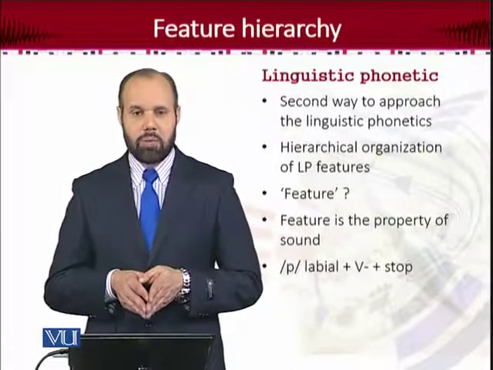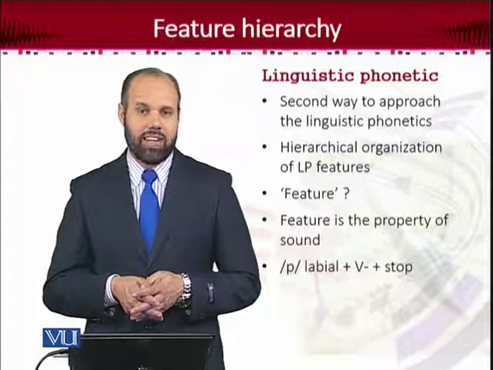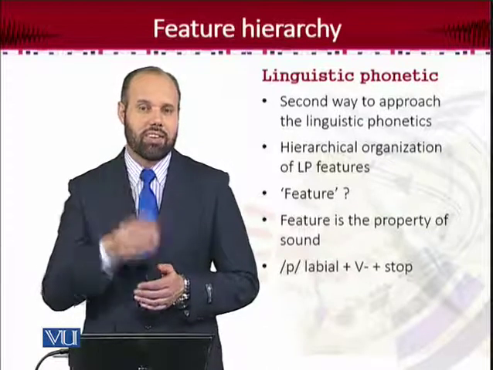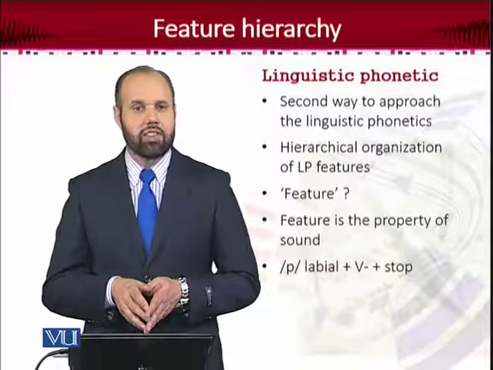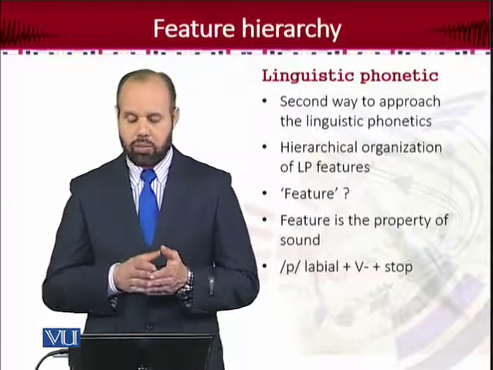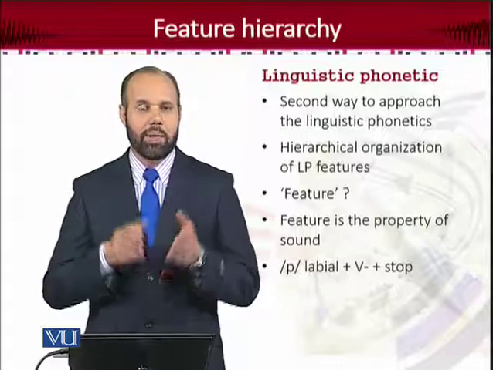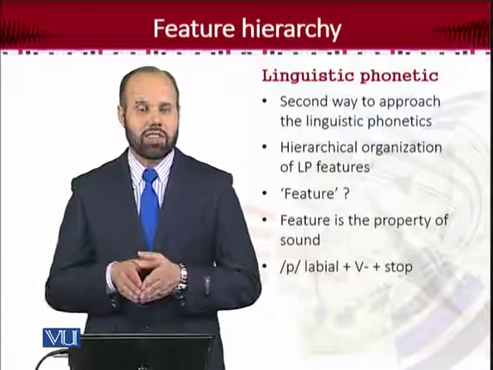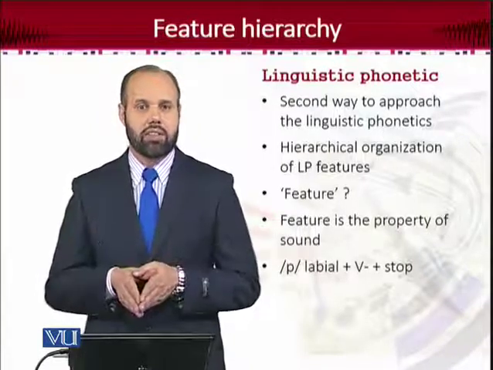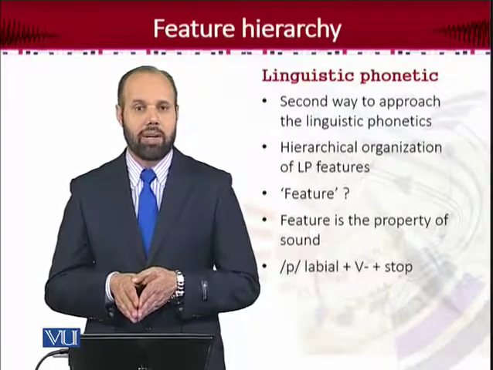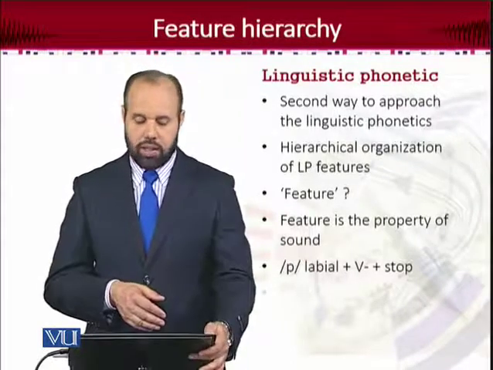And P is also a voiceless consonant, because the state of the glottis is also important. And then it's a stop. Stop is a manner, right? So plus stop, minus voice, and plus bilabial. These are the features, and of course the consonantal feature of P. These are the features of P, right?